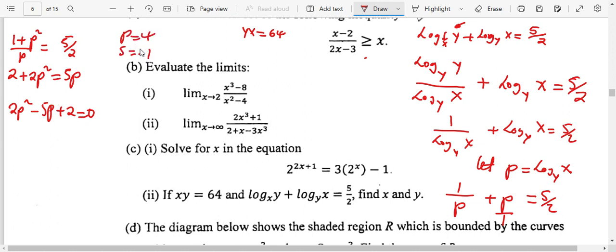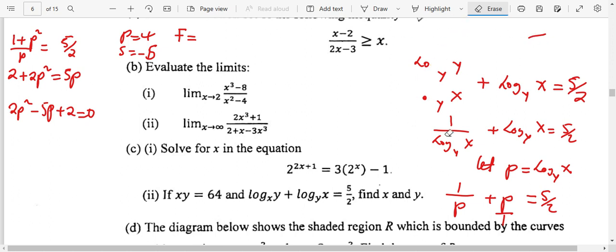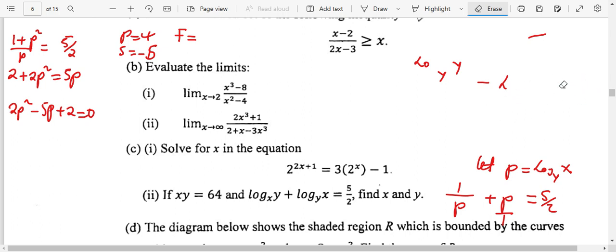The sum is negative 5. What are the factors? Negative 1, negative 4. All right, negative 1 and negative 4.